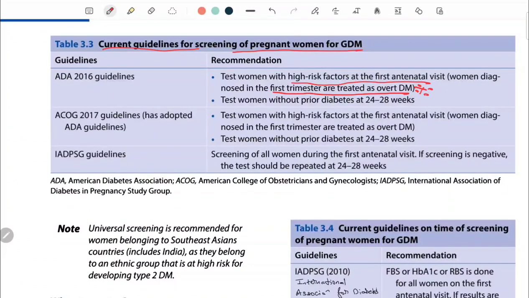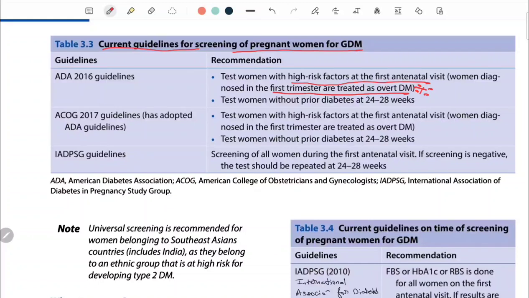Women who are diagnosed with diabetes mellitus in the first trimester come under the category of overt diabetes mellitus. The guideline is also to test women without prior diabetes at 24 to 28 weeks.